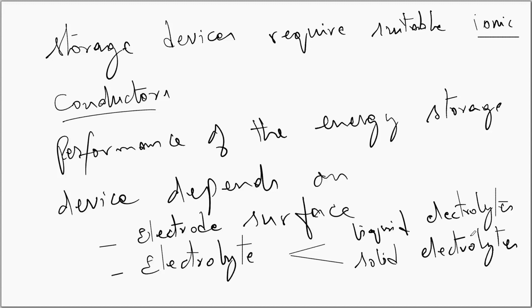Electrolytes are usually liquids or solids which conduct electricity through the movement of ions. Ionic conductivity is mutually connected with ion transport under the influence of an external electric field. So the definition of electrolyte goes this way.